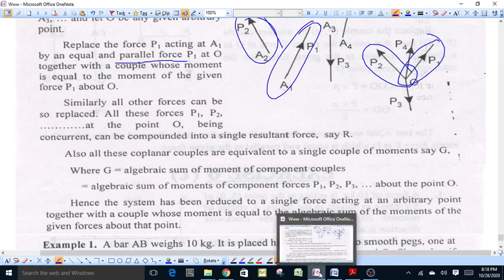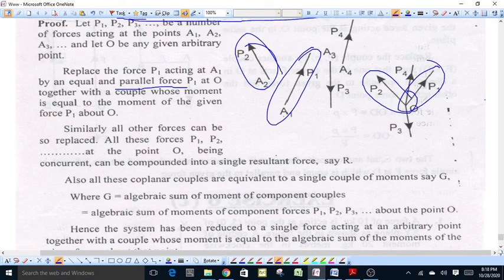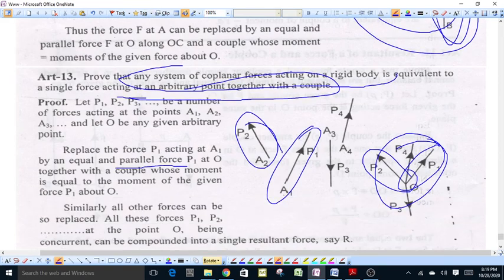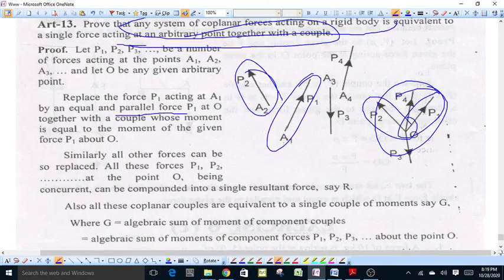All these coplanar forces act at a point O. Now, any force can be represented as we have already studied in the previous article: every force can be equivalent to an equal and parallel force at an arbitrary point, together with a couple. Therefore, each force can be reduced to a single force and a single couple.